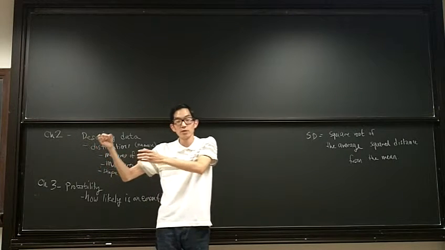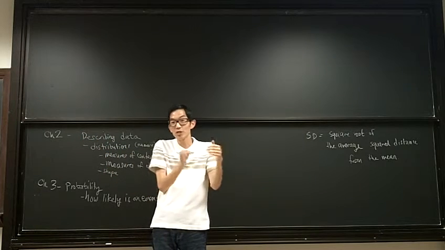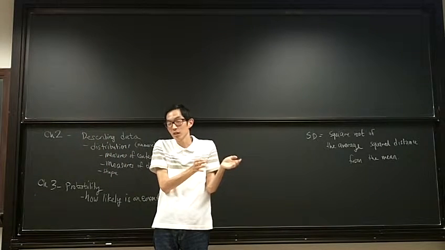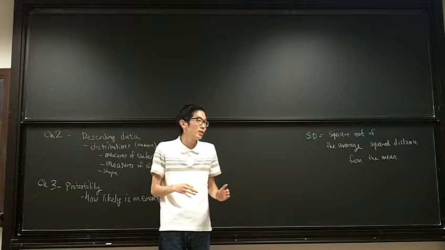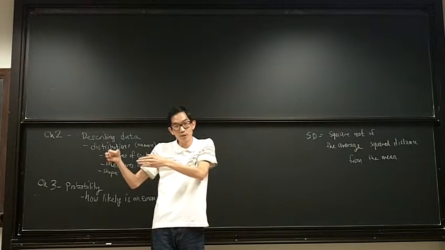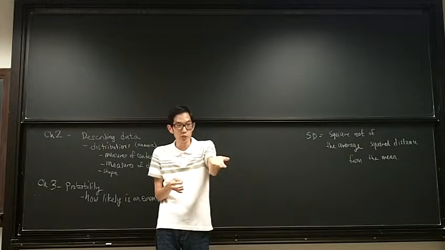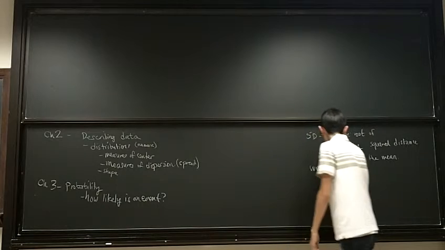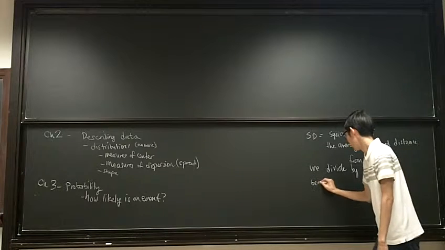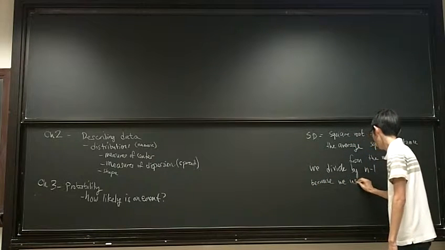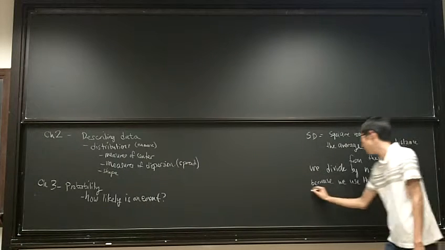Okay, so the distance from the mean for my sample is actually not really the true distance from the mean for the population. There's some complicated math involved that goes into calculus and things like that. But it turns out that to compensate for the fact that we're using the sample mean rather than the population mean, we should divide by n minus 1. Okay, so divide by n minus 1 because we use the sample mean rather than the population mean.